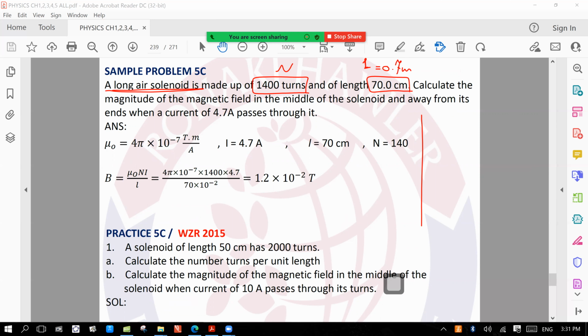Calculate the magnitude of the magnetic field in the middle of the solenoid, away from its ends, when a current of 4.7 passes through. 4.7 is the I, which I wrote over there.